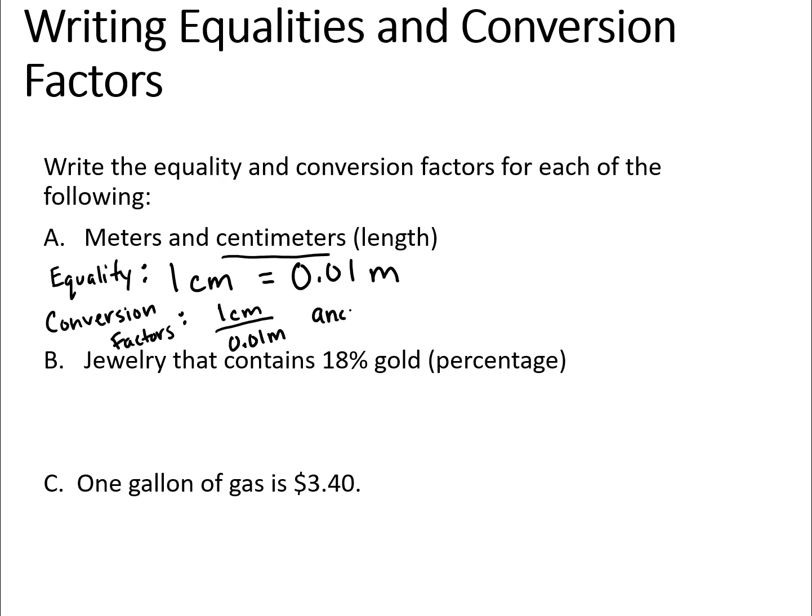There are 2 conversion factors for every 1 equality. You have the one that I just wrote and the reciprocal. You put the 0.01 meters on top and the 1 centimeter on the bottom. Order doesn't matter as long as you have both if you're asked for the conversion factors that you can write from an equality. So let me know if you're with me. If you need some more help, let me know.